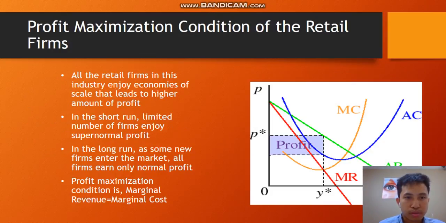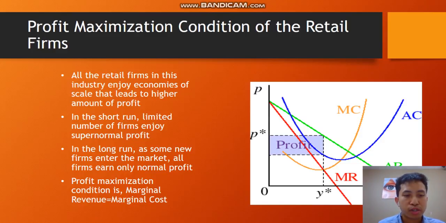In this slide, we're going to talk about the maximization of profits by the retail firms. They can enjoy the economies of scale. Also, it tends to raise the profit of the firms. In the short run, all the firms enjoy supernormal profits, as only a limited number of firms exist in the industry.